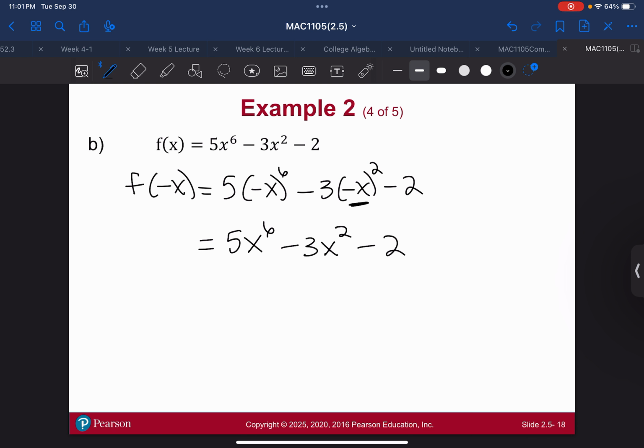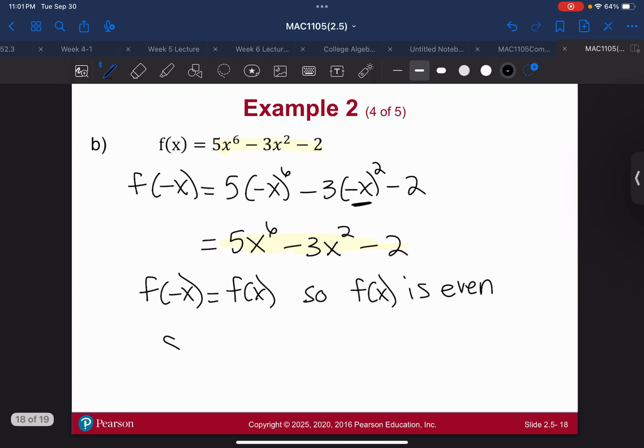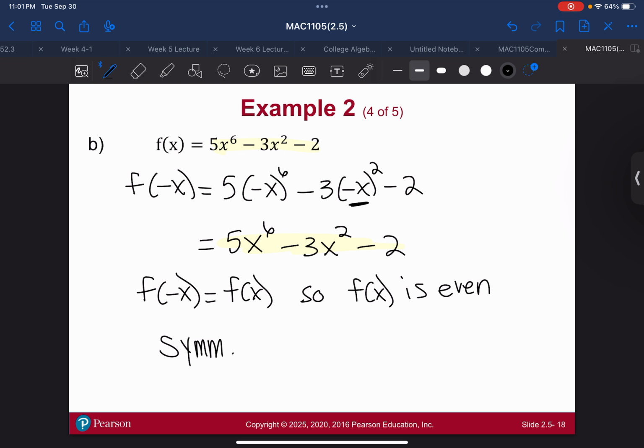So notice that this is exactly the same as our original function. So therefore, f of negative x is equal to f of x. So f of x is even, which means that it is symmetric with respect to the y-axis.